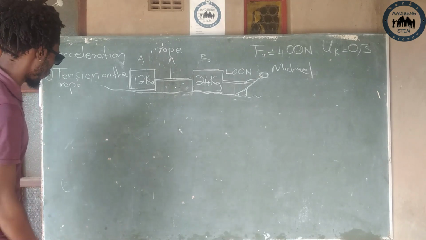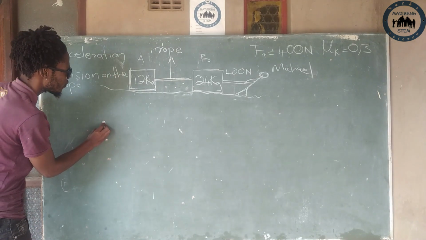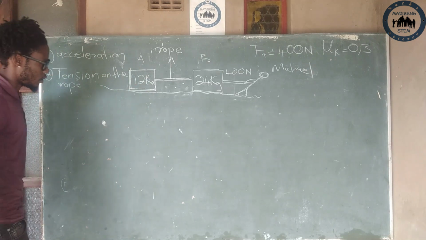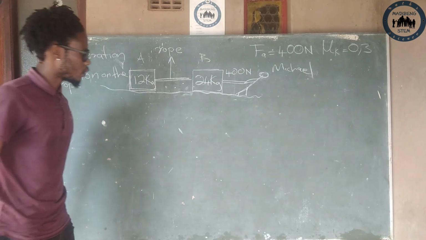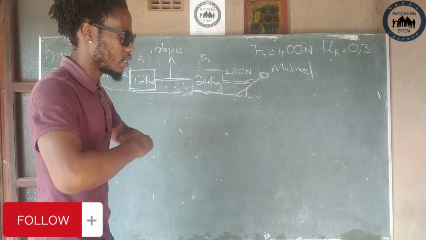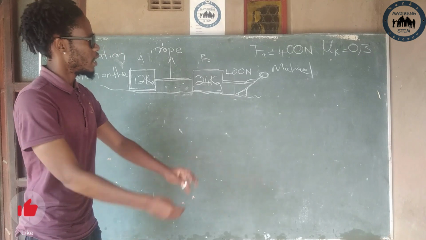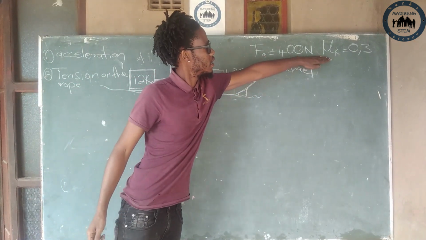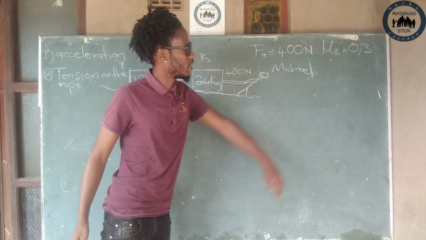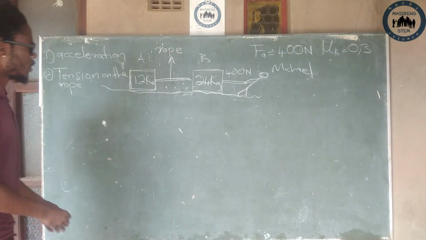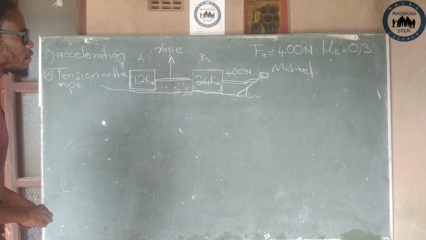Free body diagram. This is object A with a mass of 12 kg. So we know that when you pull something or when something is moving, there is a frictional force. As we were told that the system is experiencing a 0.3 coefficient of friction. You understand? So it means there is a frictional force.